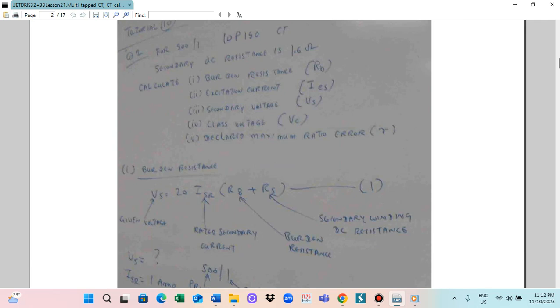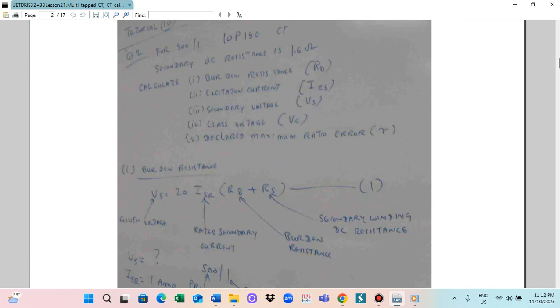This equation is equal to reference voltage divided by 20 times rated secondary current.